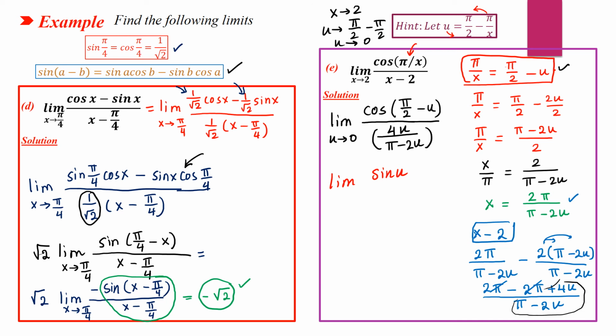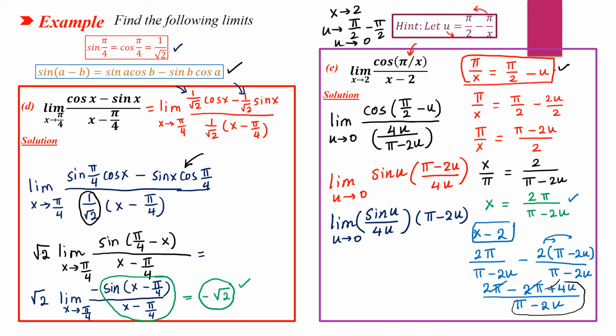So you have to flip it and convert it to multiplication. So you will get pi minus 2u divided by 4u when u goes to 0. Now we will arrange everything, and you will get the limit of sine u over 4u multiplied by pi minus 2u when u goes to 0.